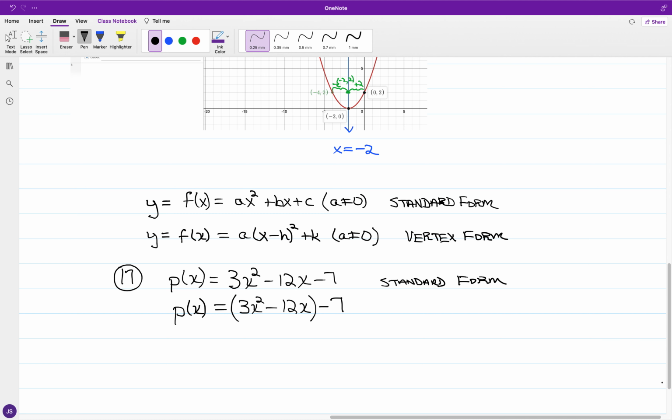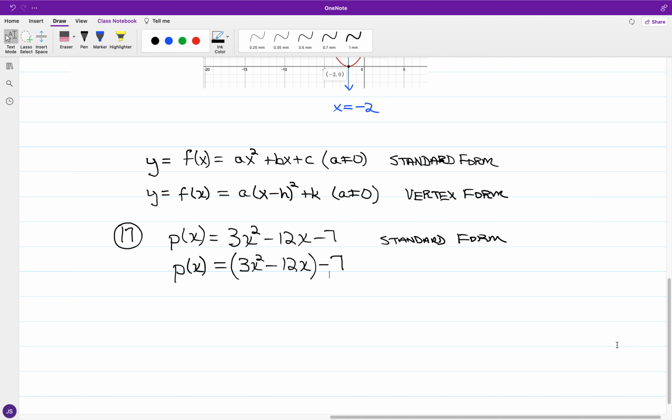Now, this is the stage where we apply completing the square, and this is possible if the leading term in the parentheses is just x squared, without any coefficient in front of it besides 1.